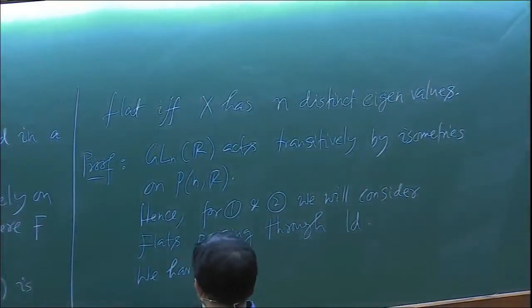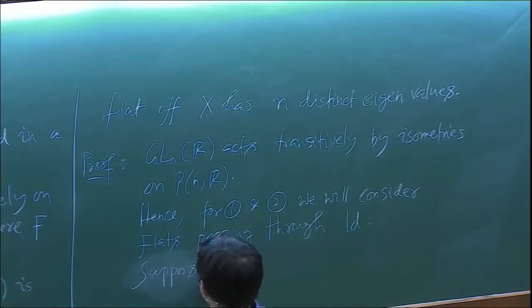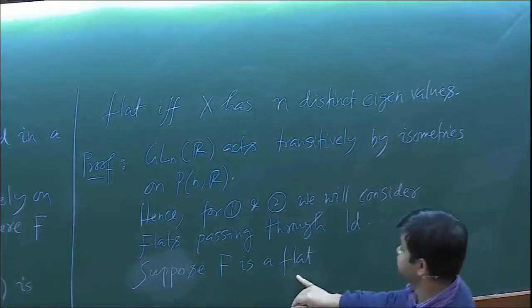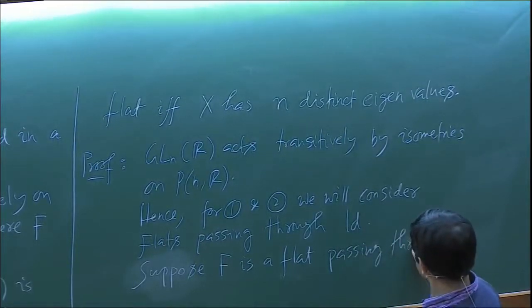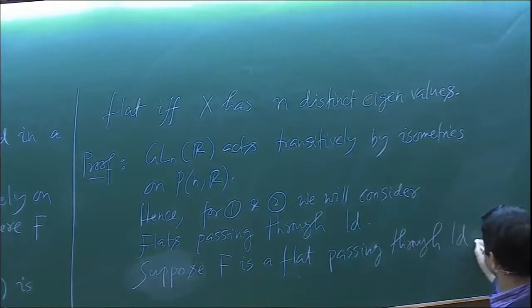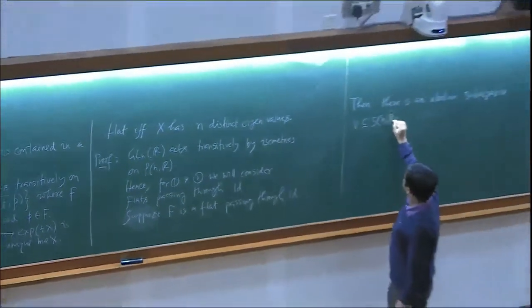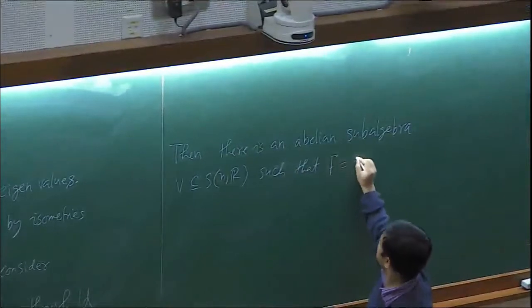So suppose F is a flat passing through identity. Okay. So then there is some abelian subalgebra, let's say V inside S_n(R), such that this F is exp(V).